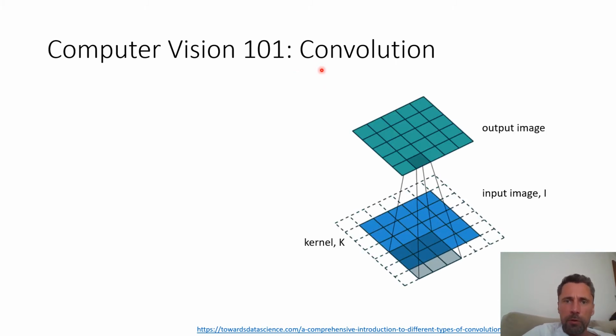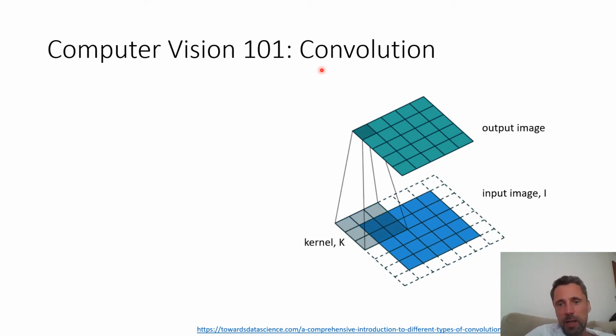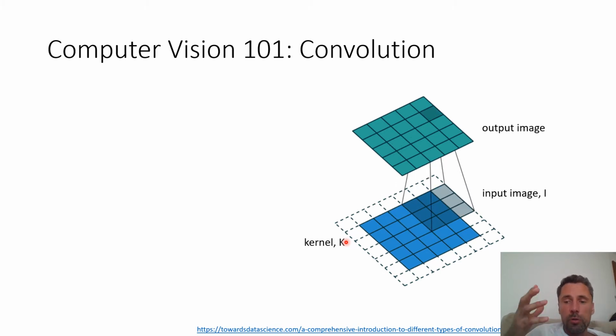Think of convolution in the 2D discrete, image scenario as the following operation. So we have an underlying image and a so-called kernel. Those two are basically images, and the kernel oftentimes is smaller.